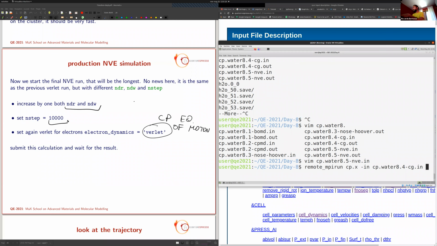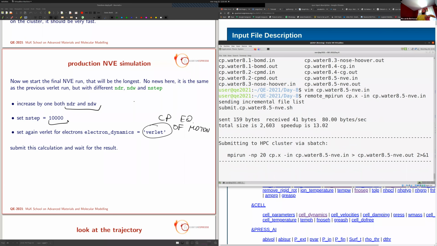Remote MPI run, CP water rate 5. NVE, that means constant number of atoms, constant volume, constant total energy. That is the microcanonical ensemble. As Professor Scandolo said before, if you want to compute dynamical properties like the diffusion coefficients, you have to use the microcanonical ensemble.